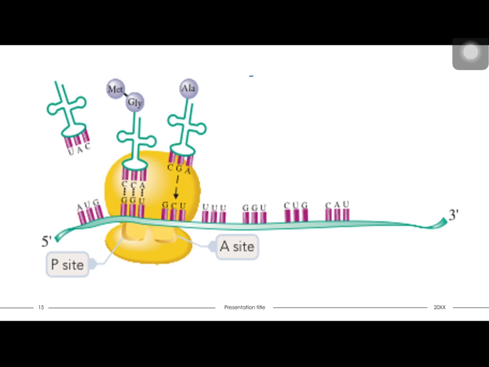Once the tRNA attaches to the third codon, then the amino acids from the P site will transfer.